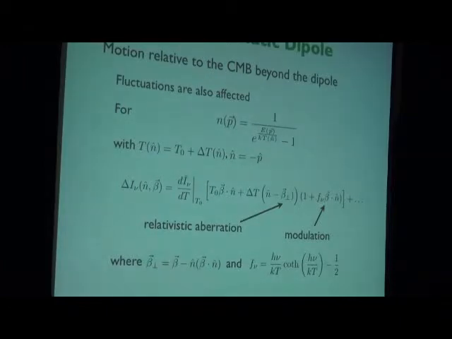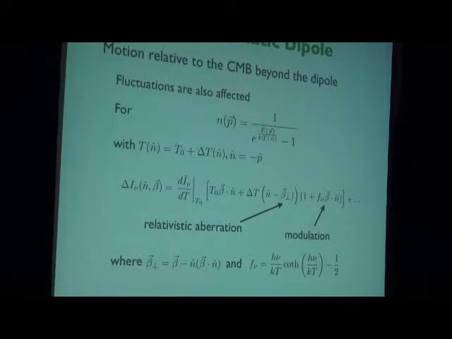So if I'm looking in this direction, I'm seeing photons that are moving in the opposite direction. So that's why there's this sign. And then you can again apply a boost to this. We already worked out how this transforms. So now all that's left is to work out how the direction of the photon transforms.